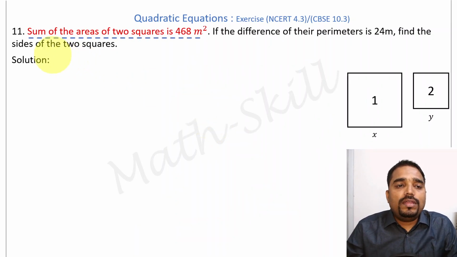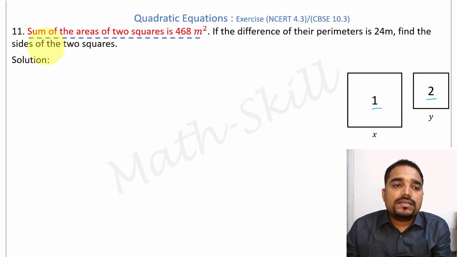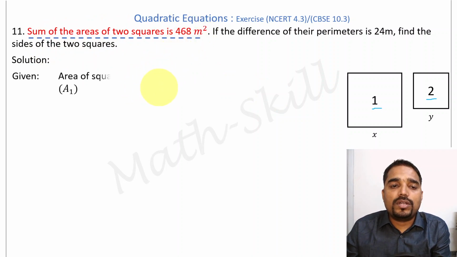Now let us note down the given condition. It says the sum of the areas of the two squares is 468 meter square. Here we have assumed two squares to be square number 1 and square number 2, and we have just seen how to find the area of these squares. That is, A1 plus A2, the area of square 1 plus the area of square 2, equals 468 meter square.